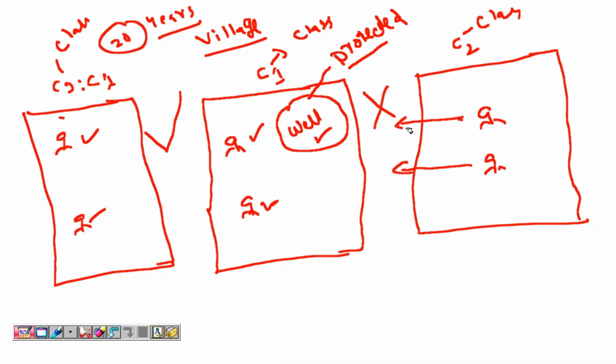No. Why? Because C2 is not a derived class, and your well's access modifier is protected. So it is not possible.